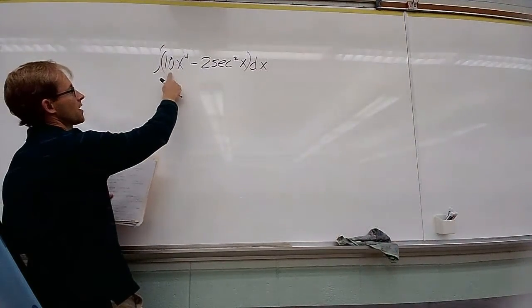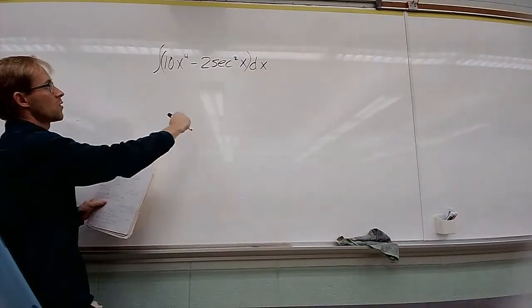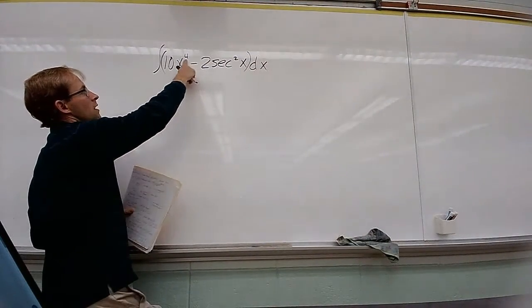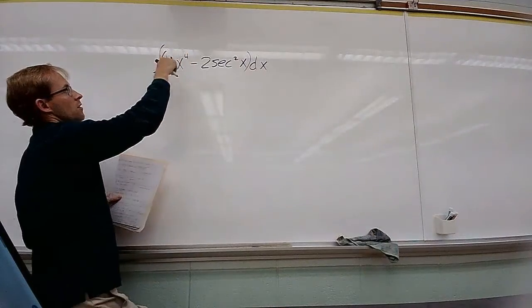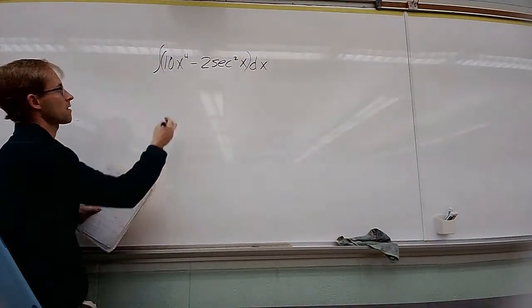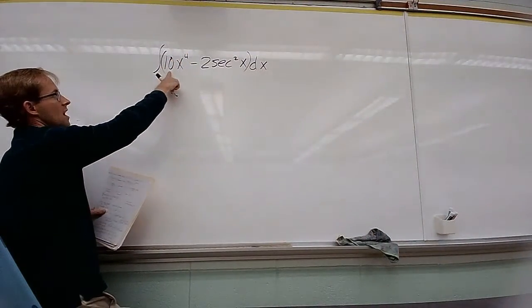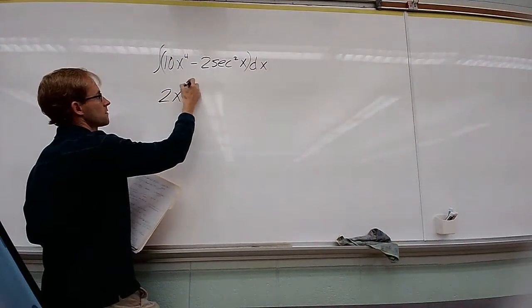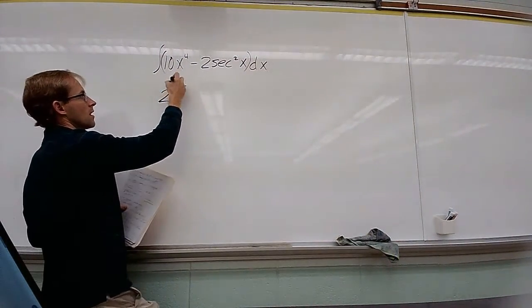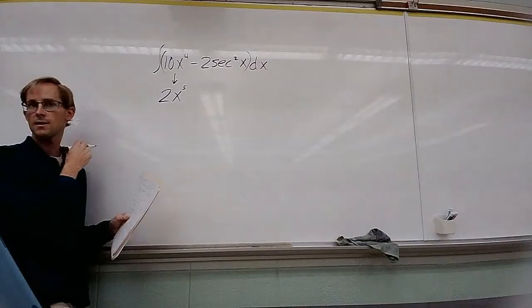So, when you take the integral of 10x to the 4th, remember all you're doing is you add 1 to the exponent, to 5, and then you bring the inverse of that out in front. So, 1/5. 1/5 times 10 is equal to 2. So then that's 2x to the 5th. Any questions on how I got from there to there? No. Okay.